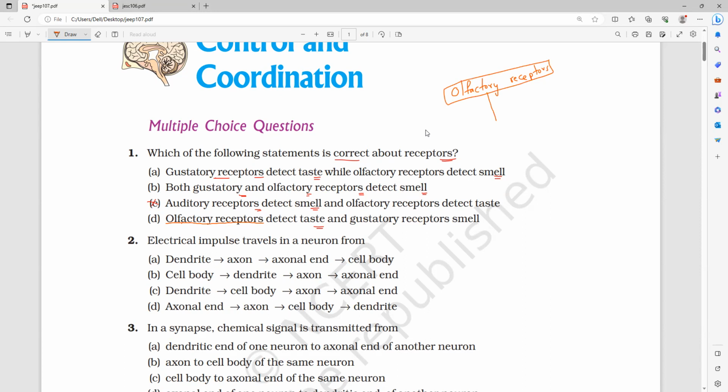We have 3 olfactory indicators, basically, that we studied in chemistry: onion, vanilla, clove. So a person who has a defect of vision will use these to detect the smell.